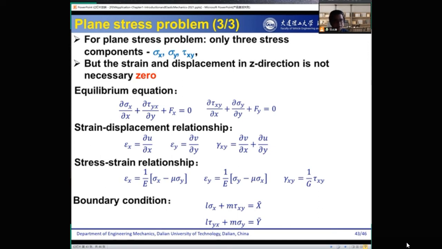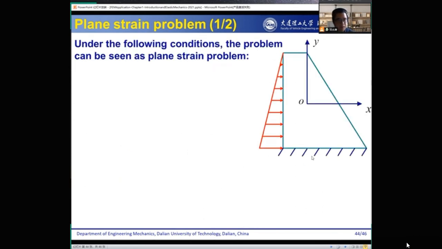For plane stress problems, the equilibrium equation, the strain and displacement equation, the stress and strain relation, and boundary conditions can all be simplified as a 2-dimensional problem. You can try by yourself to simplify all these equations from the 3D case to the 2D plane stress case.